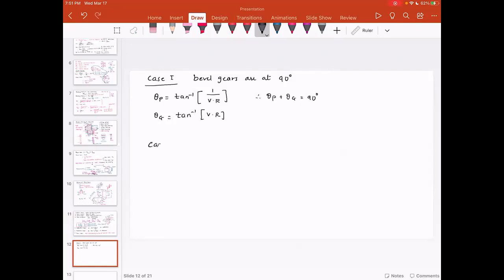Case 2, when the bevel gears are not at 90 degrees.